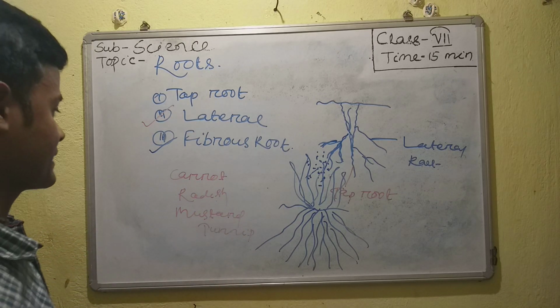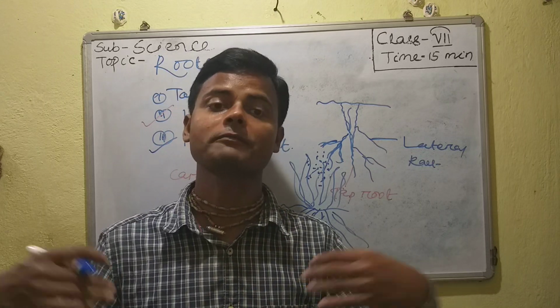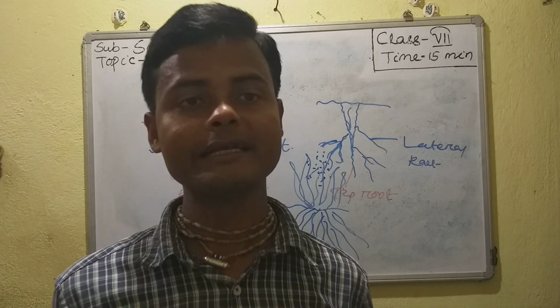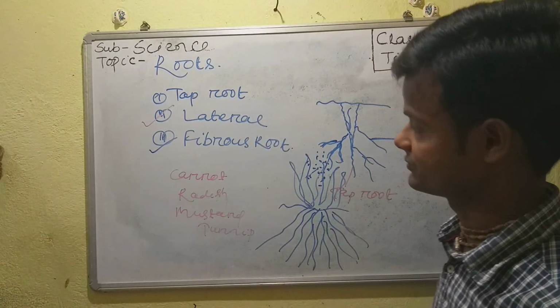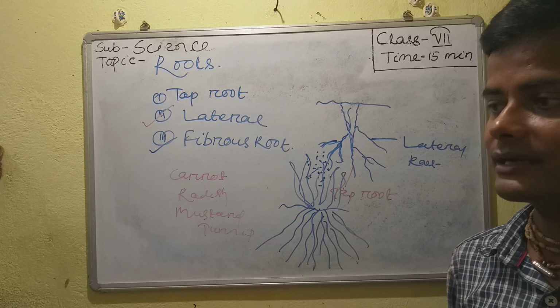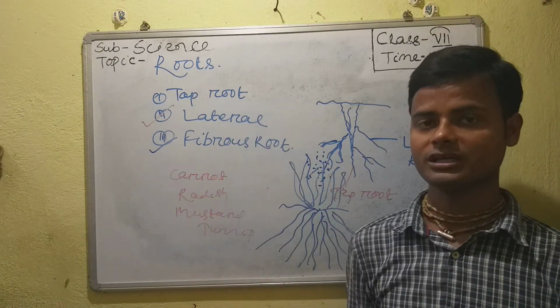Then there are adventitious roots. The roots that form from any non-root part of the plant are called adventitious roots. You must have seen different plants. If you cut the stem of a plant and put it into the soil, roots will come and it will become a new plant.